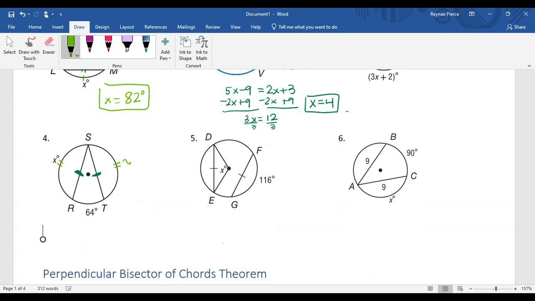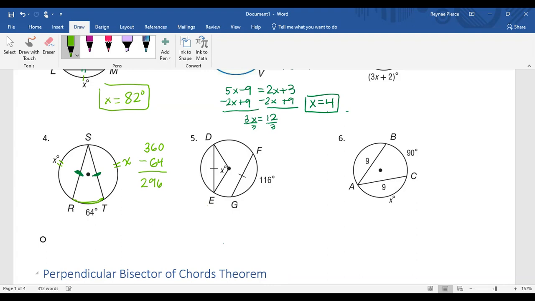So over here is X as well. An entire circle is 360 degrees. So if we take 360 minus the 64-degree arc that we've got down here, that leaves us with 296 degrees.